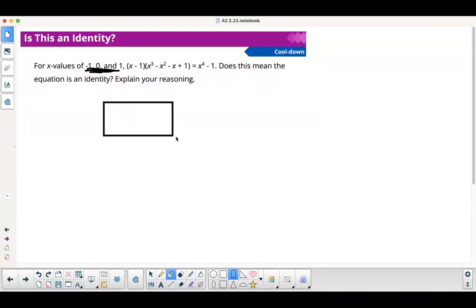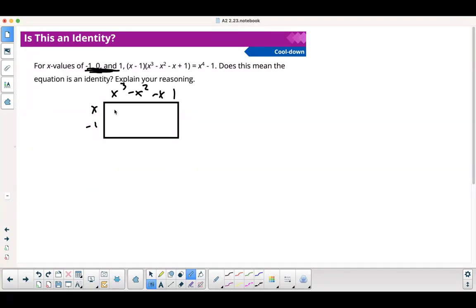So I'm going to just multiply and see if it works out. So I get x to the 4th, negative x cubed, negative x squared, and 1x. Oh wait, this will be a positive x squared.